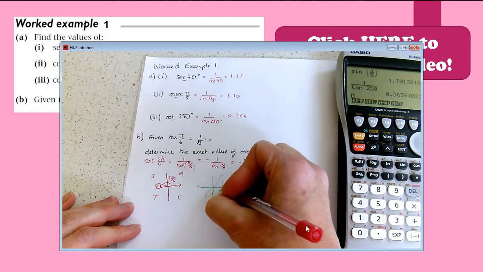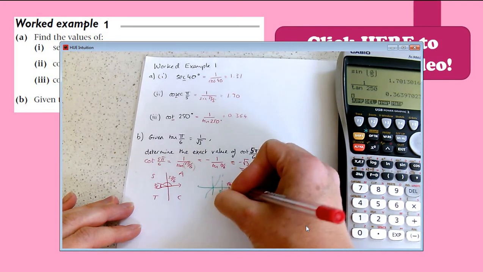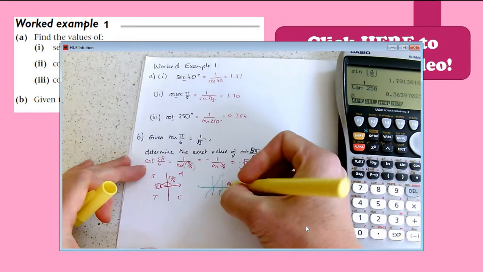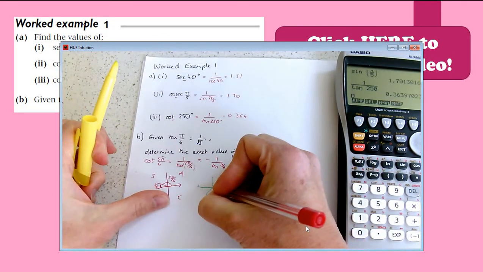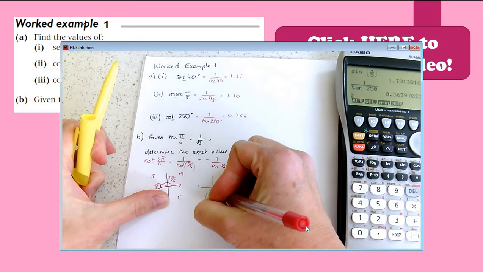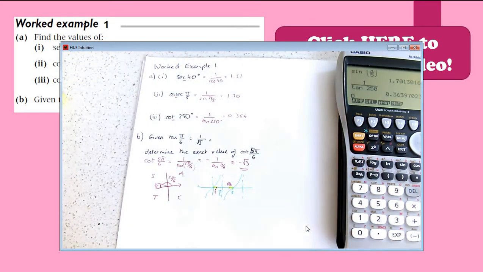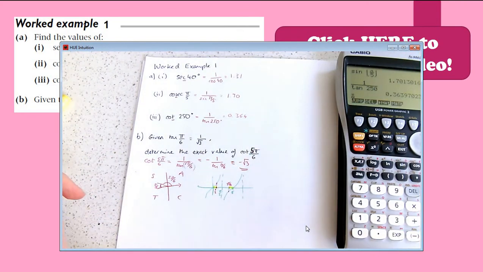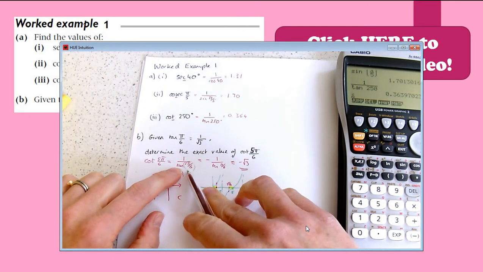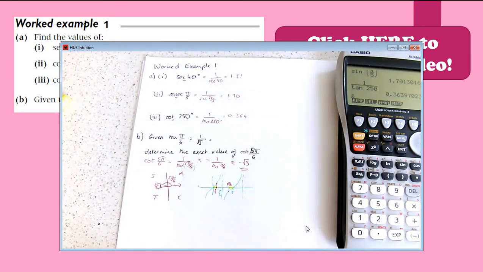But we also know that this gap is pi over 6. So if I do this equivalent gap over here, pi over 6, the tans are going to have the same value, but one of them's positive, one of them's negative. So tan 5 pi over 6 is equal to negative of tan pi over 6. And so we can work it out from there.